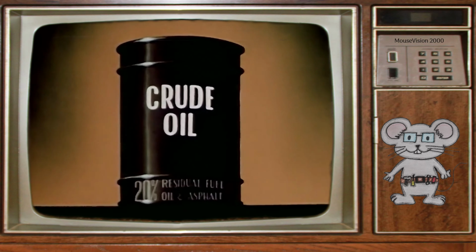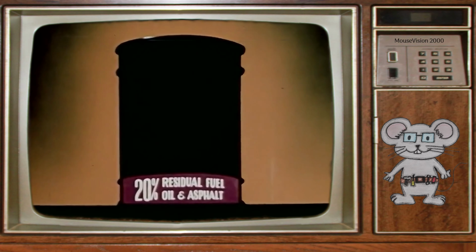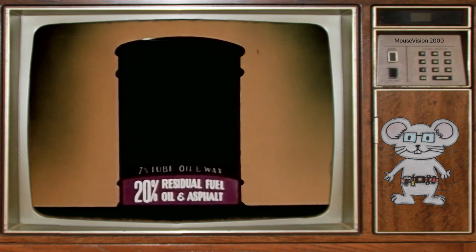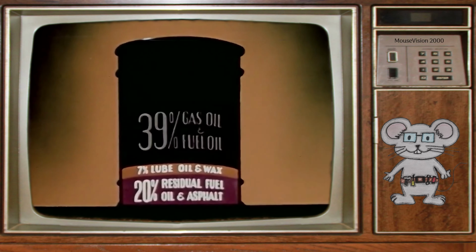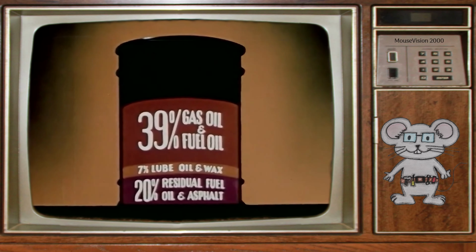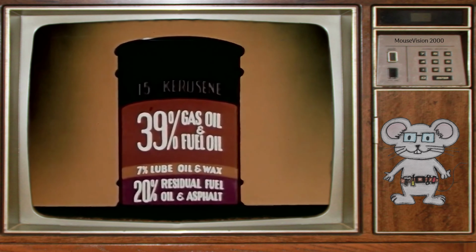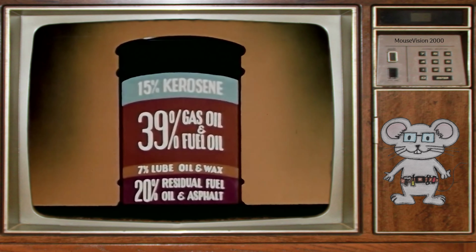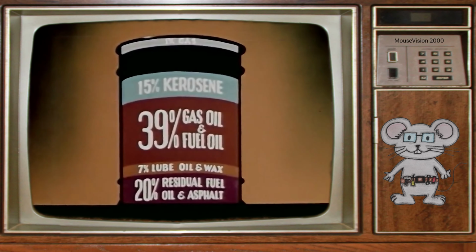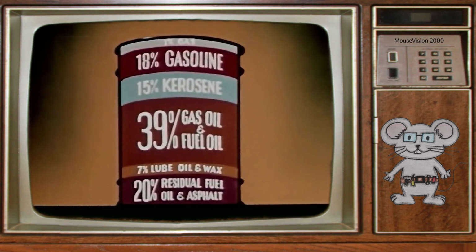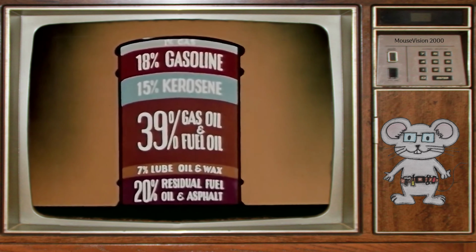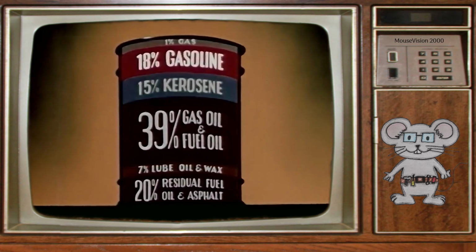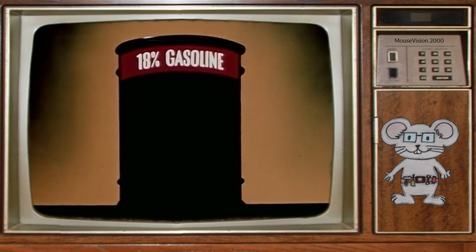A barrel of crude oil produces 20% residual fuel oil and asphalt, 7% lube oil and wax, 39% gas oil and fuel oil, 15% kerosene, 1% gas, and gasoline only 18%. Not nearly enough for today's millions of cars.